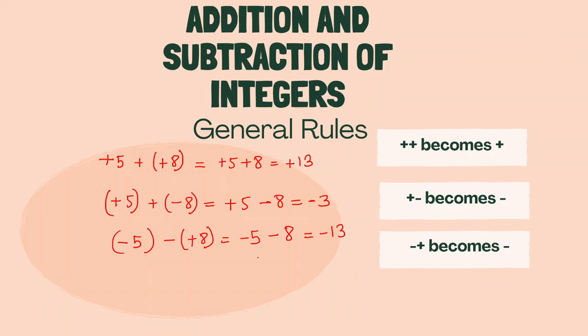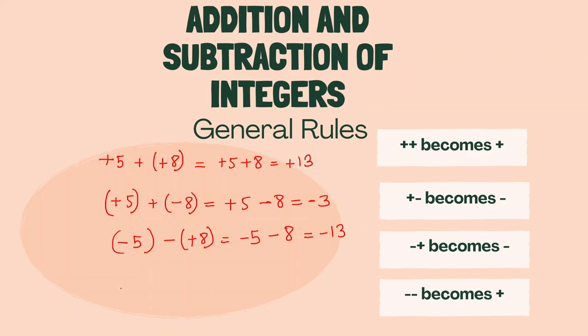Now the last one. When two minuses come together, they become plus. This is quite a tricky one and most students fail to memorize that two minuses become plus.